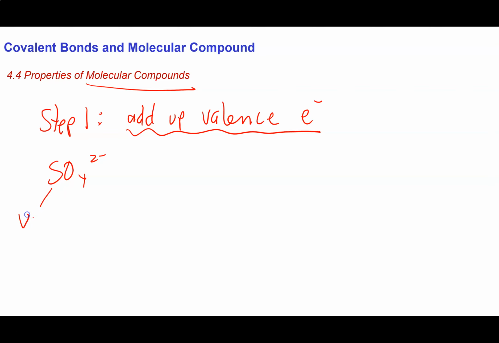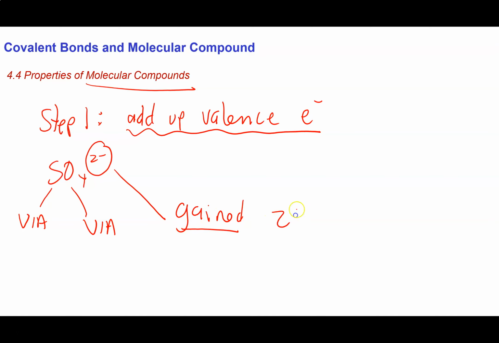Sulfur is in group 6A. Oxygen is also in group 6A, and the 2- charge there tells us that, sorry, that we gained 2 electrons. That the neutral species gained 2 electrons.